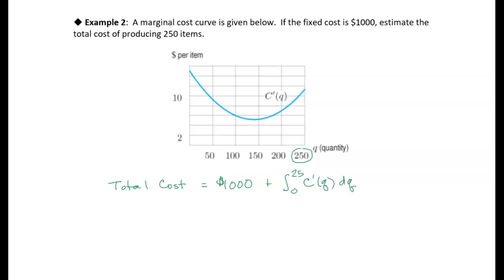So we've got to figure out the integral of the marginal cost curve, which is just the area under this curve.